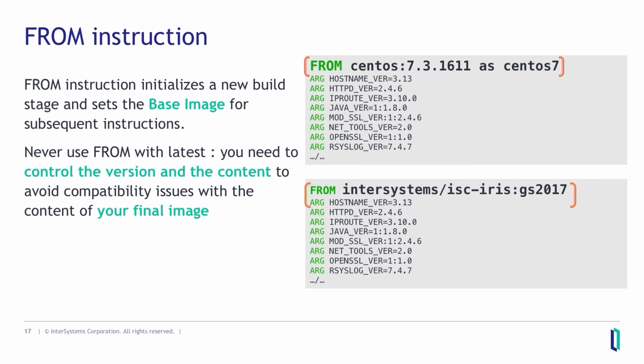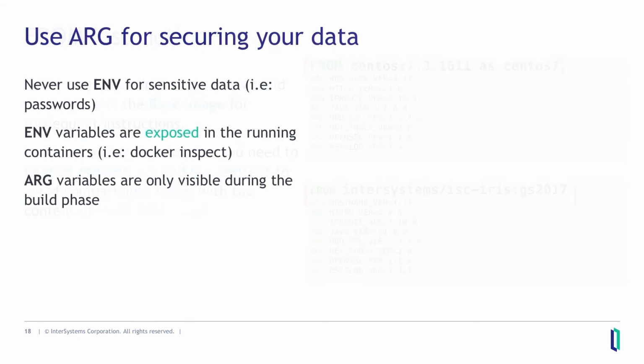And the latest is not always the best way to control what you are installing. So to be sure to install the right version each time, for instance, global summit, which is of course not a real version, you have to specify the name of the repository, colon, tag name, always. Avoid the latest.